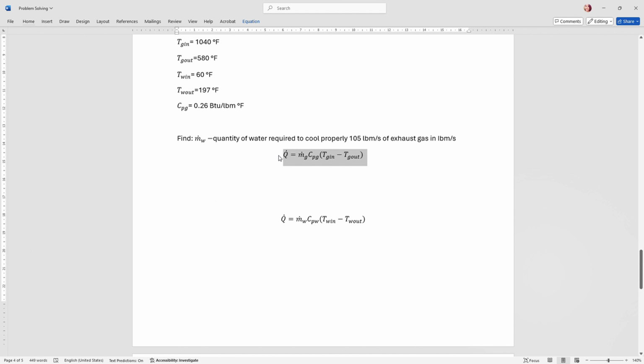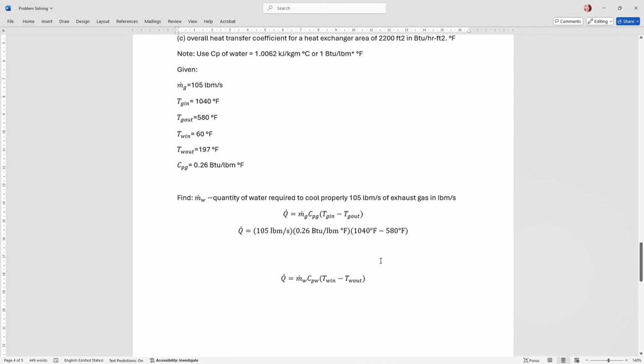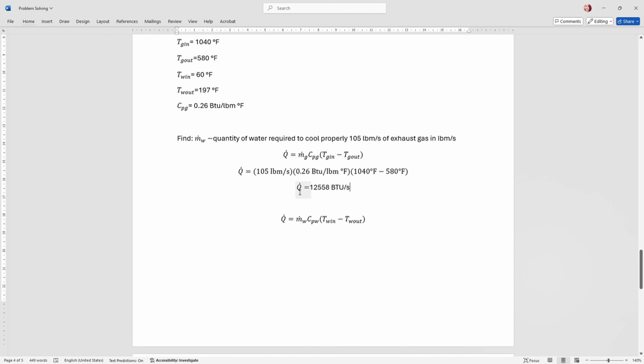Then, substitute lang natin yung formula. 105 times 0.26 CP ng gas times 1040 minus 580 degree Fahrenheit. Ang makuha natin dyan ay 12,558 BTU per second.